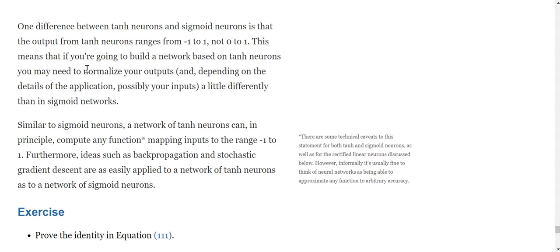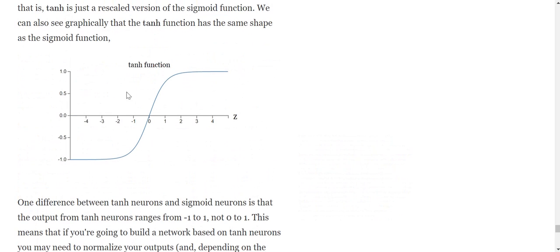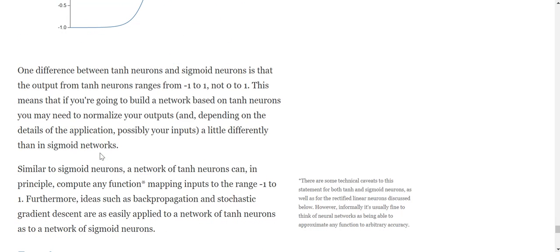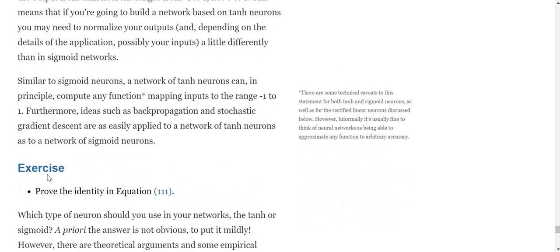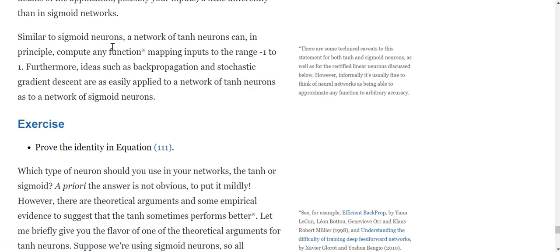This means that if you're going to build a network based on tanh neurons, you may need to normalize your outputs, and depending on details of your application, possibly your inputs, right? Because if your output is, say, somewhere here, it might not make sense for the output in your context or in your application area to be negative. So you might have to do something similar to sigmoid.